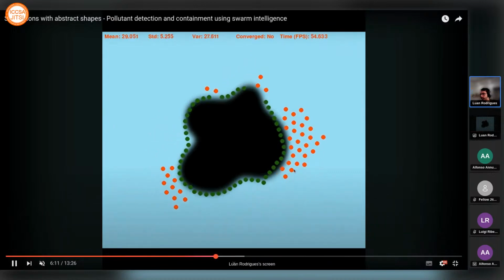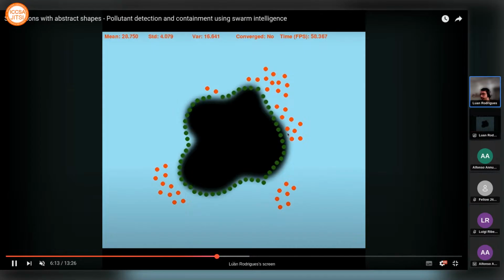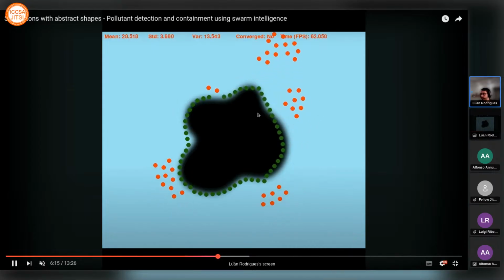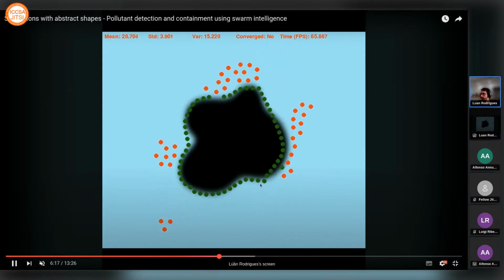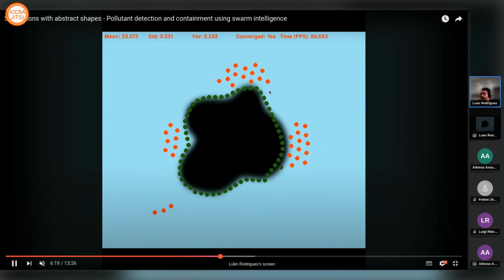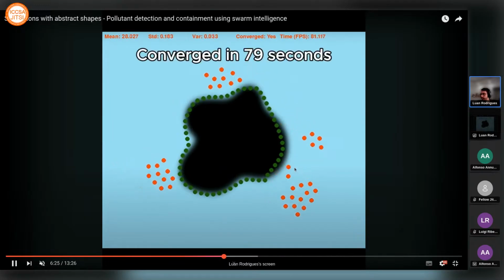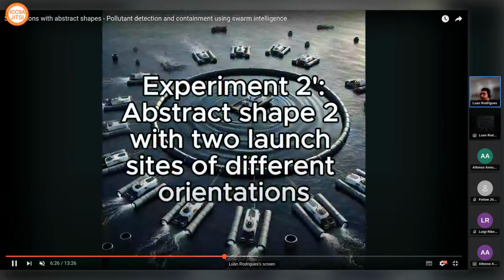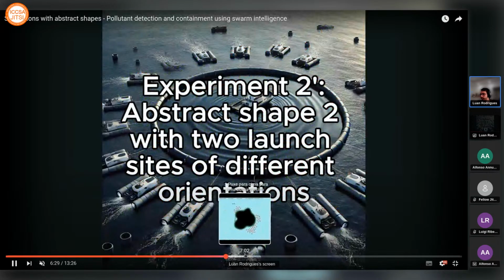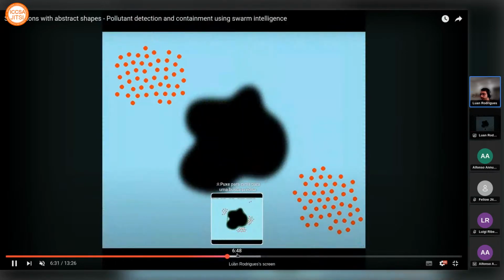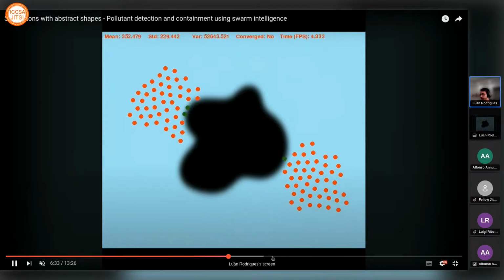You can see the boids getting out of the barrier to prevent overcrowding and also adjusting their position as the algorithm runs.